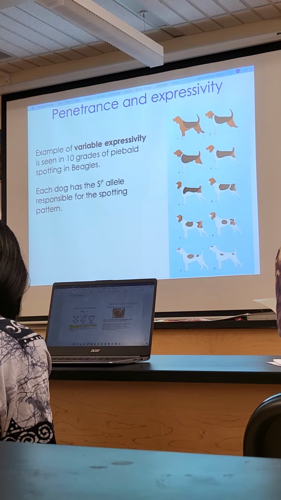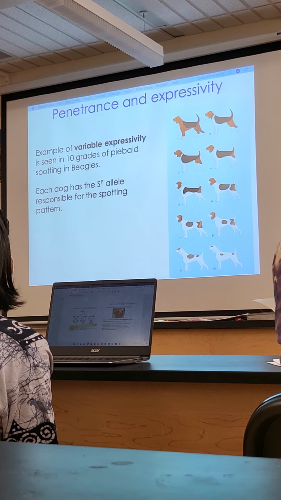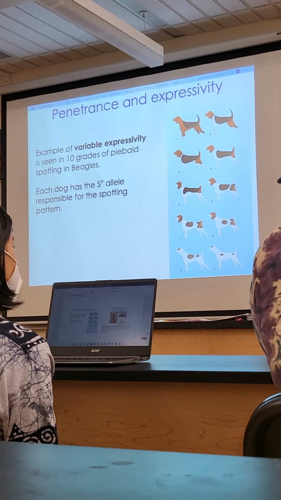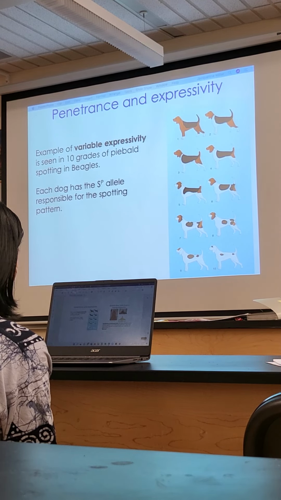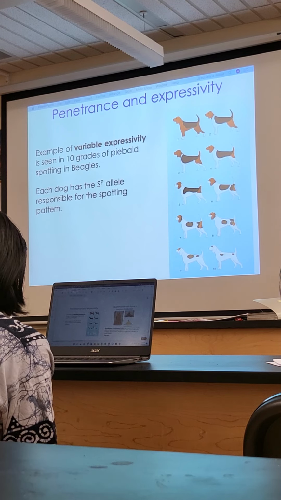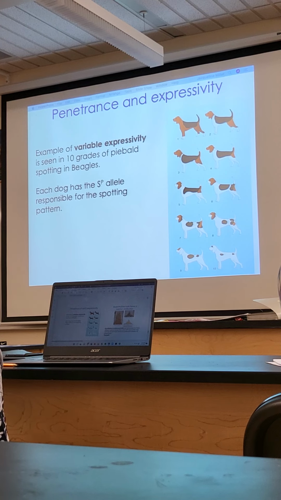Okay, one other example. I love dogs. I used to have a dog that was a Rhodesian Ridgeback mixed with a Walker Coonhound. The Walker Coonhounds have these tricolor patterns, but my dog actually looked like a Rhodesian Ridgeback. She didn't have the coloring. The Beagle also has the tricolor.